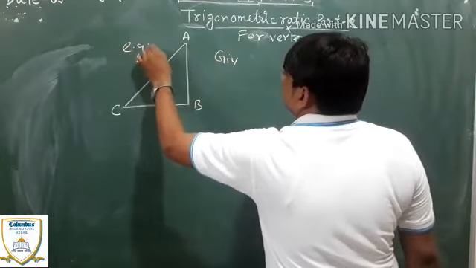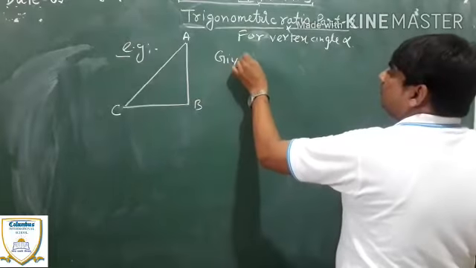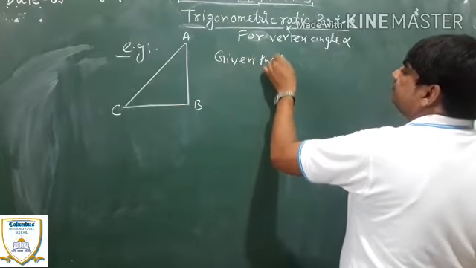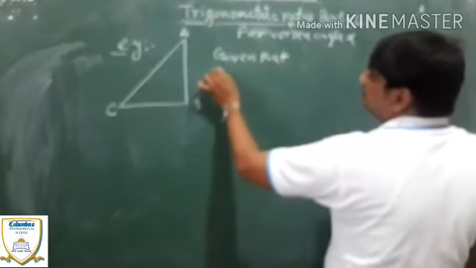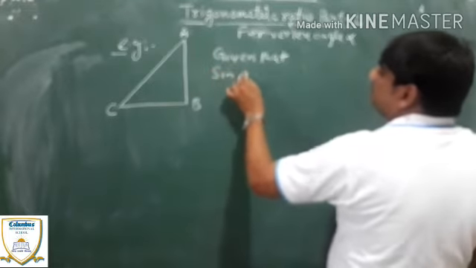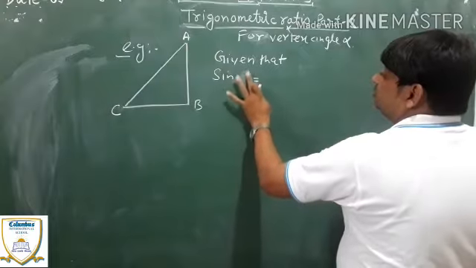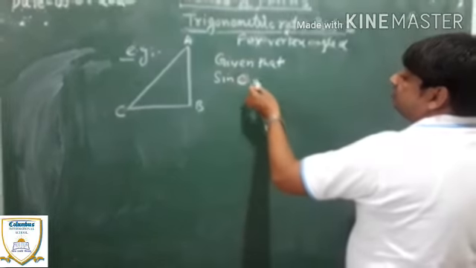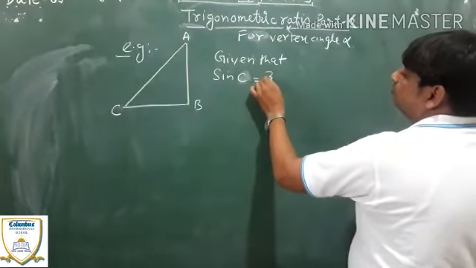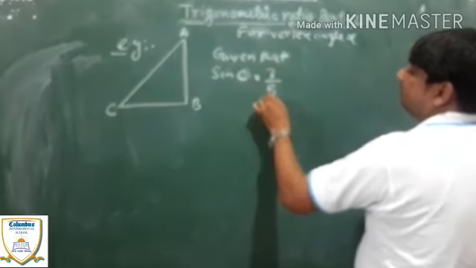Example: given that sin C is equal to 3 by 5.